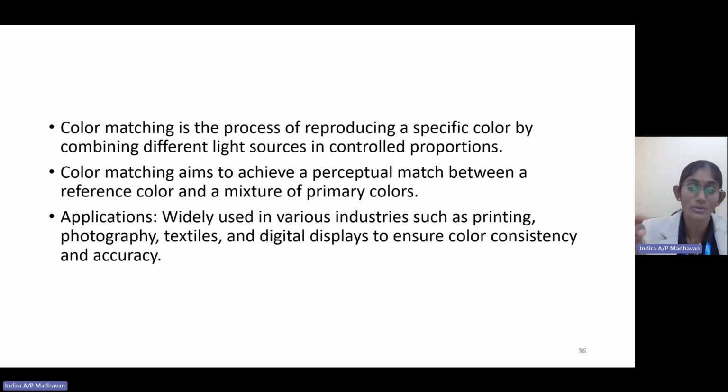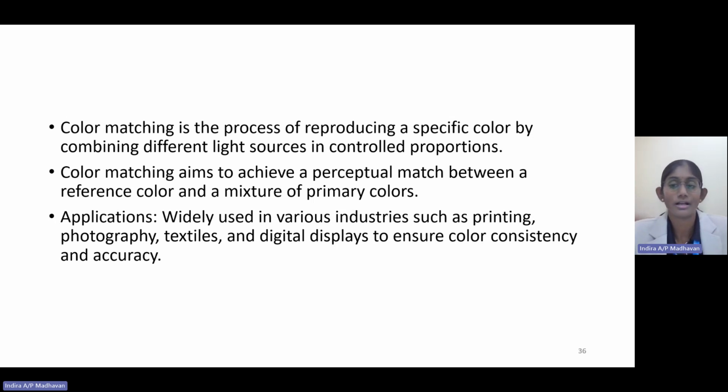What they had to do was adjust the red light, green light, and blue light to match the color at the top. They did the same for 402 nanometer, 403, and throughout the whole visible spectrum.